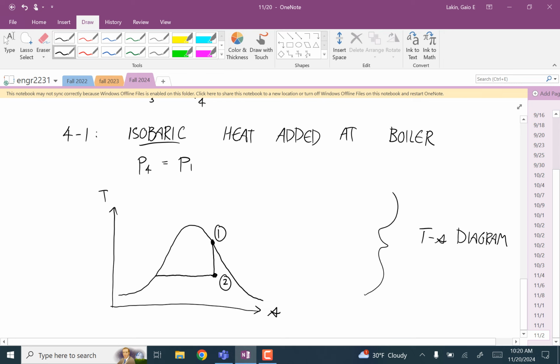And so the next process goes all the way to a saturated liquid. And so state 3 is a saturated liquid. Then we're at the pump. That's isentropic again. And so that just has to go to a slightly higher temperature.